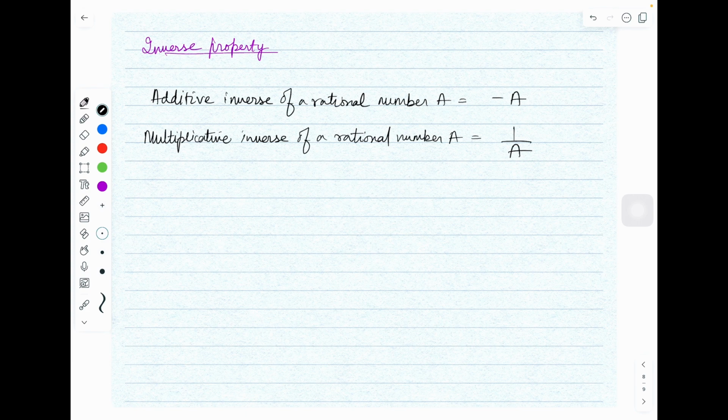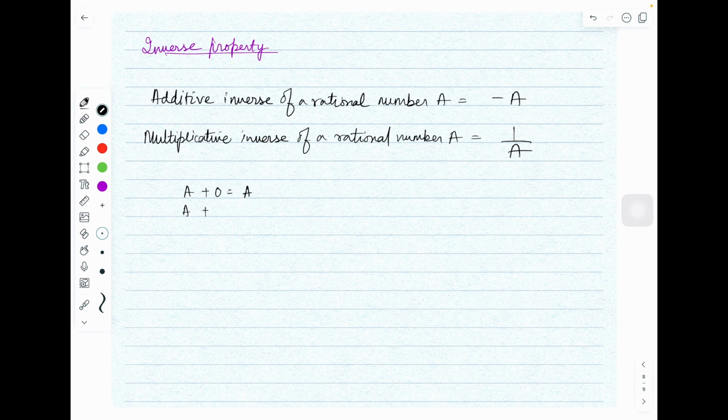See, additive inverse of a rational number means if you add the rational number and the inverse number, you are going to get 0. We have learned identity, that A plus 0 equals to A. So what you can write? A plus A, we are going to take this side, 0 we are going to take this side.